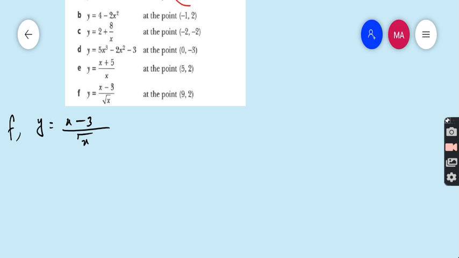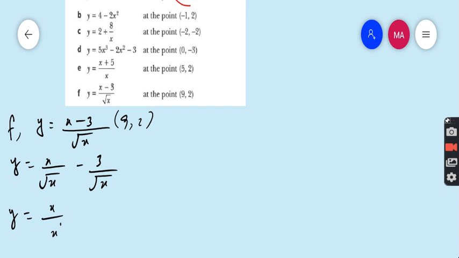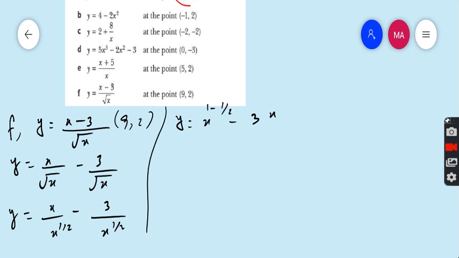x minus 3 upon root x, 9 upon 2, x upon x half, minus 3 upon x half. y is equal to x to the power 1 minus 1 upon 2, 3x power minus 1 upon 2.